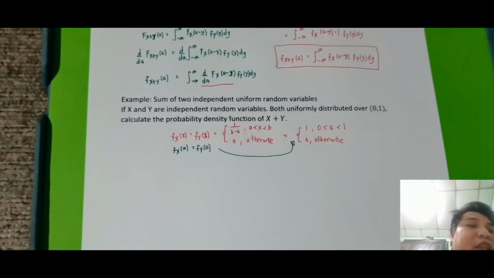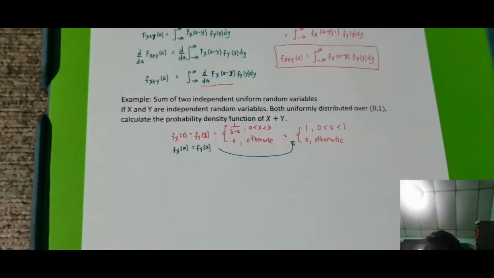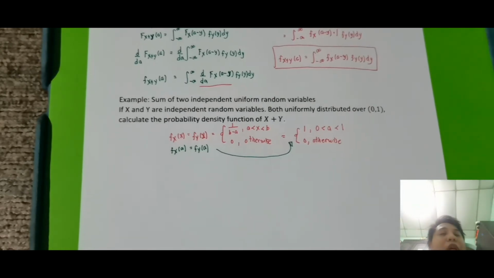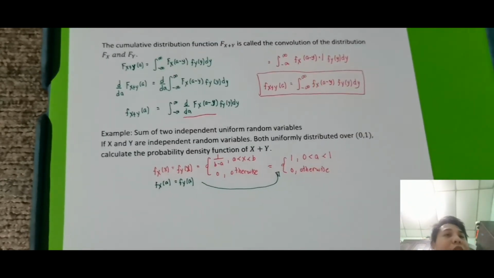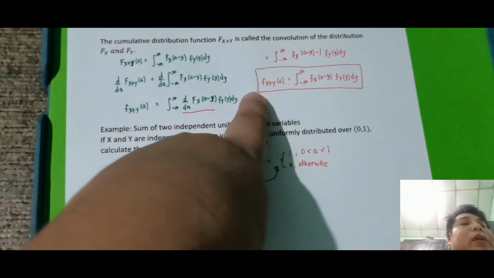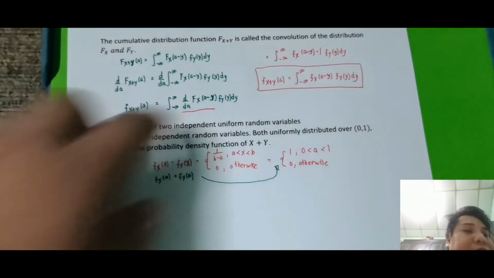Para makuha yan. So, para naintindihan mo, sir, paano mo nakuha yan? So, again, hindi yan minamagic. So, yan yung mga napag-aralan natin sa mga previous lesson natin. Okay, so now, we all know na ano na yung kanyang PDF ng dalawa. Okay, so now, we need to obtain the PDF ng f of x plus y of a. Okay, so, f sub x plus y of a. So, ito yun.